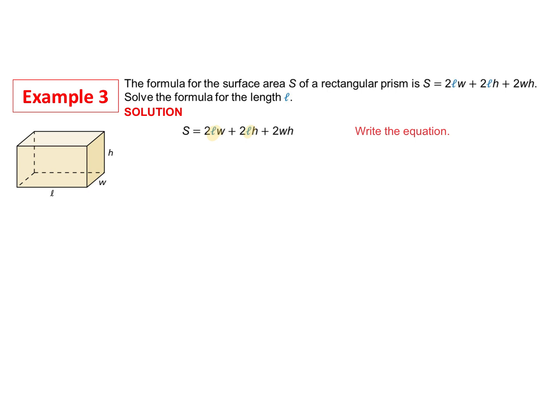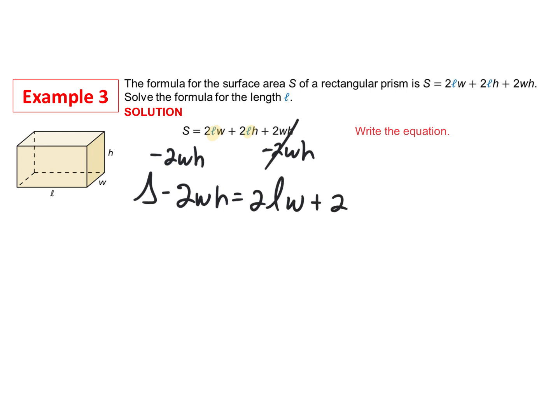So before I take anything out, to make my life a little simpler, I'm going to subtract this 2WH from both sides, which is going to give me S minus 2WH is equal to 2LW plus 2LH.